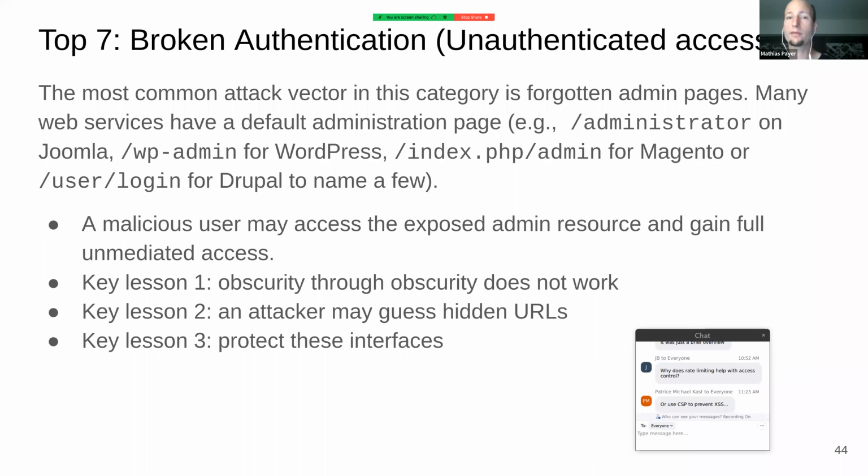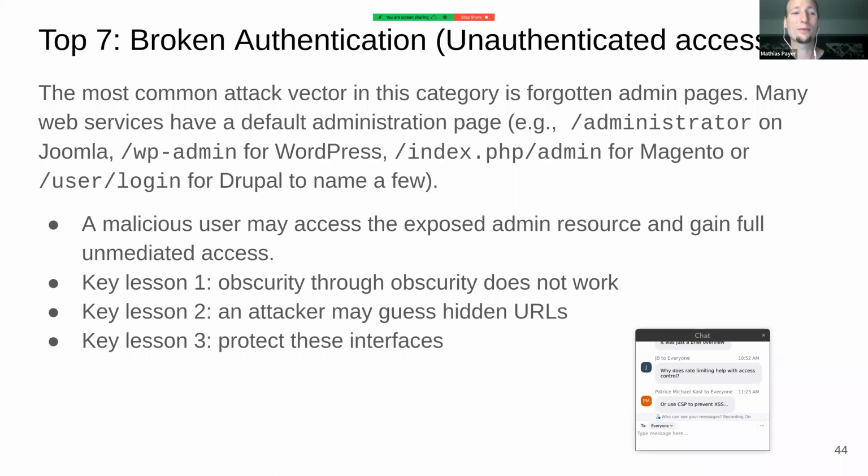If you ever run a web server and check the log file, the most common accesses, even if you're not using WordPress, will be an access to WordPress admin that is being tried. There are bots constantly scanning the internet and trying to find these kinds of issues.